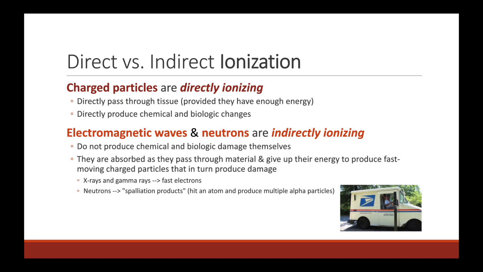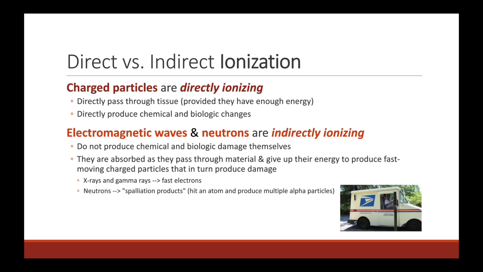Electromagnetic waves and neutrons, on the other hand, are not charged themselves, and so they are indirectly ionizing. They don't produce the chemical and biologic changes themselves. As they get absorbed in our tissue, they give up some of their energy to produce fast-moving charged particles, such as electrons that we talked about, that in turn can produce fast damage.